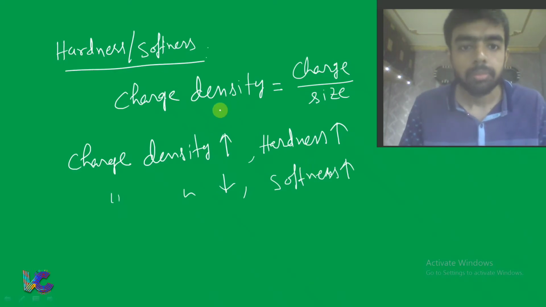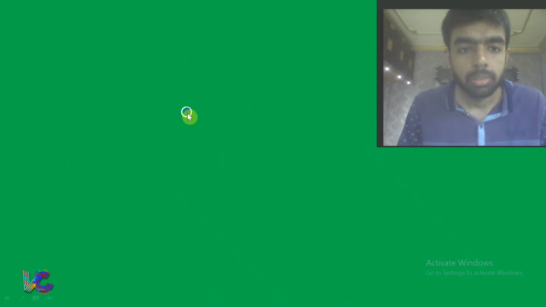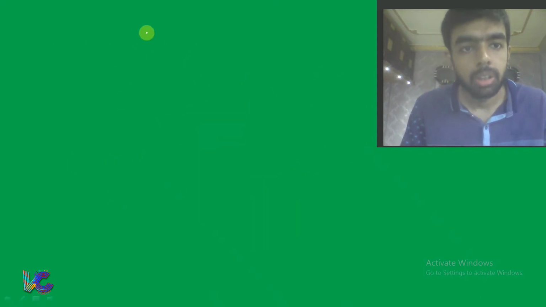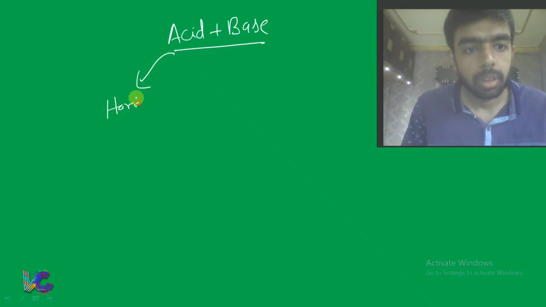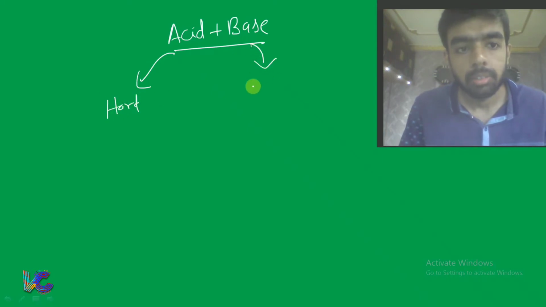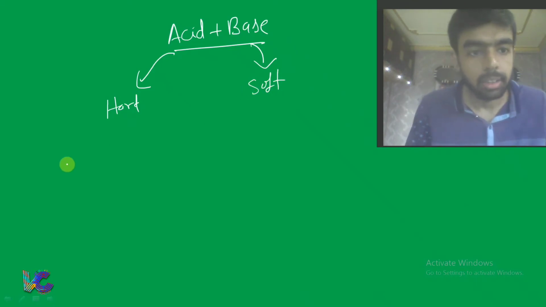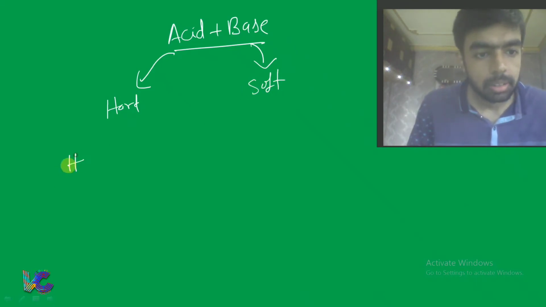Now we have acid and base. These you can classify into two categories, hard and soft. That means you can have four categories, as I have earlier told.